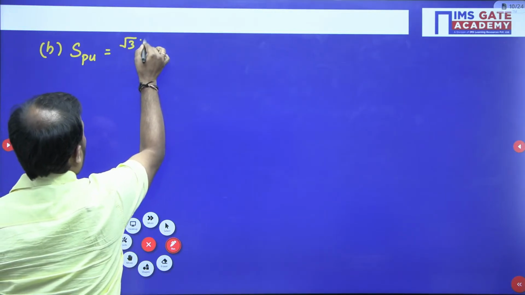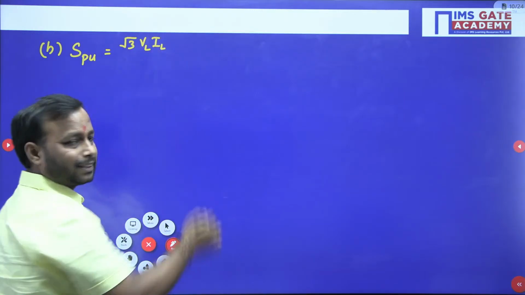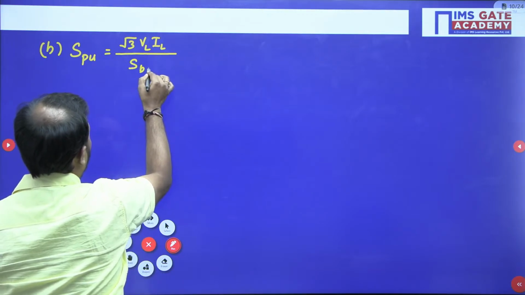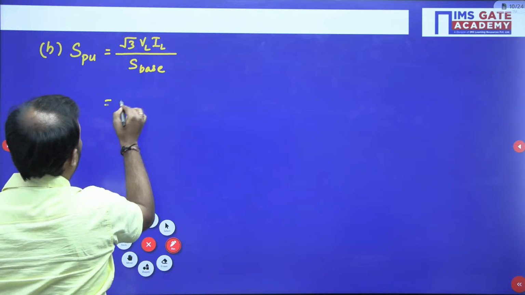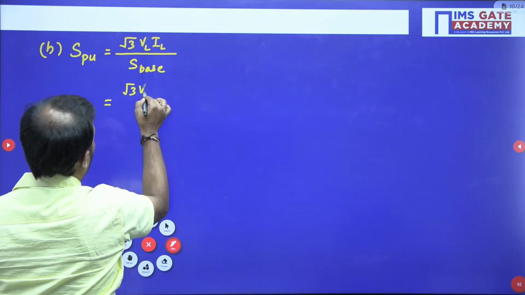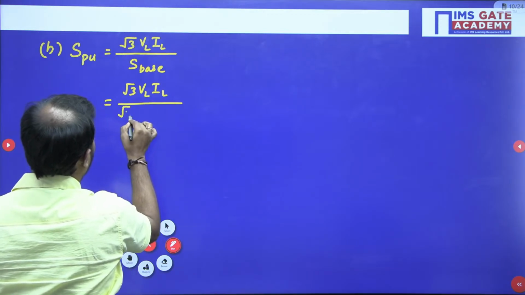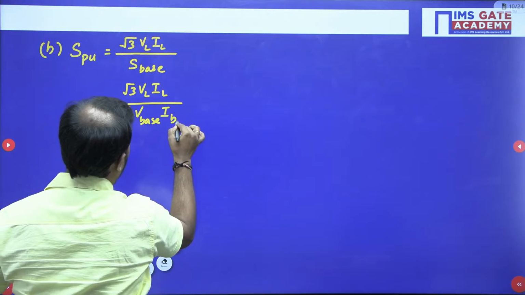Root 3 VL IL, this is the actual apparent power. Divided by S base, we write this as per unit: actual by base. Now, root 3 VL IL divided by root 3 V base into I base.